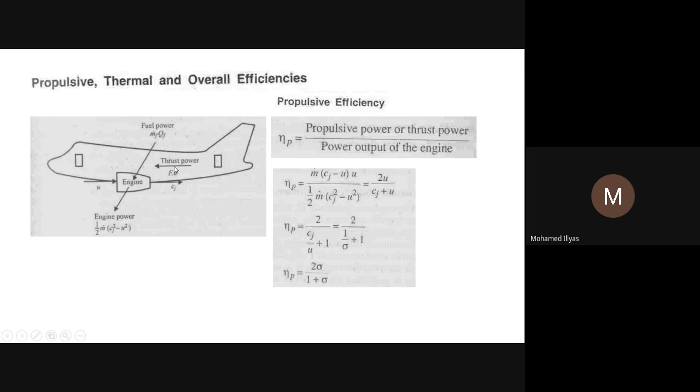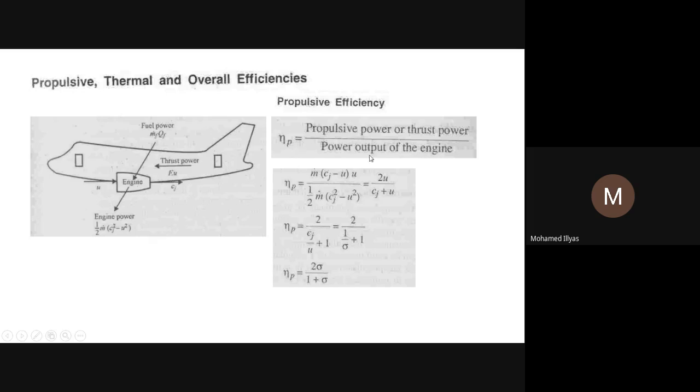Here we use the word thrust power in association with the thrust and the flight speed U. Based on this relationship, we are going to obtain the relations for the propulsive, thermal, and overall efficiencies.